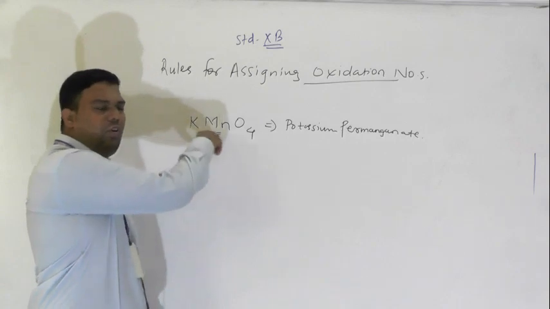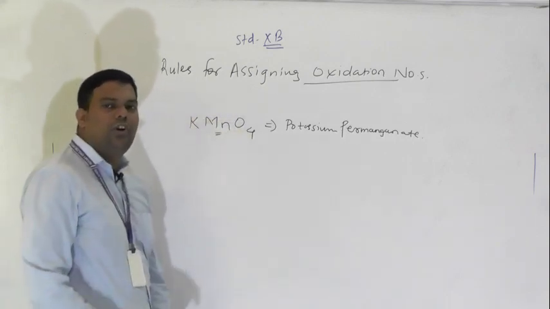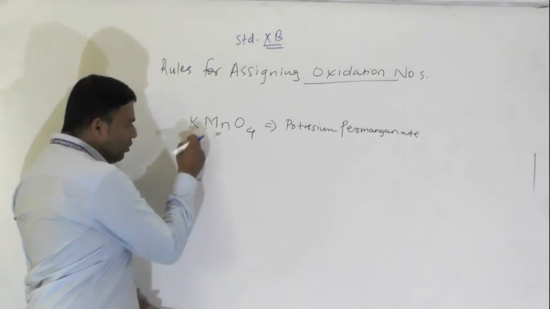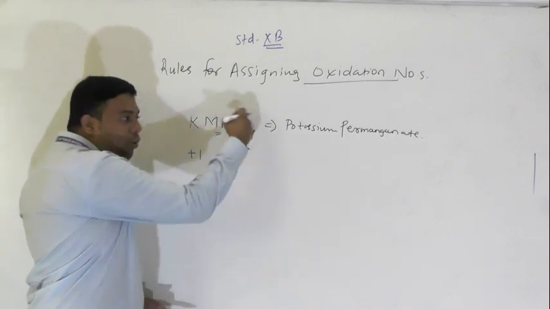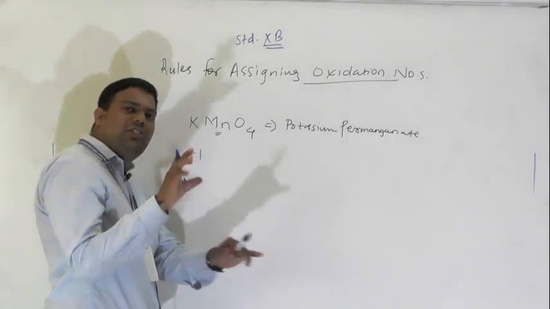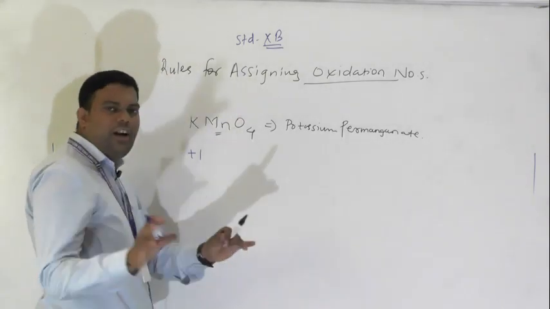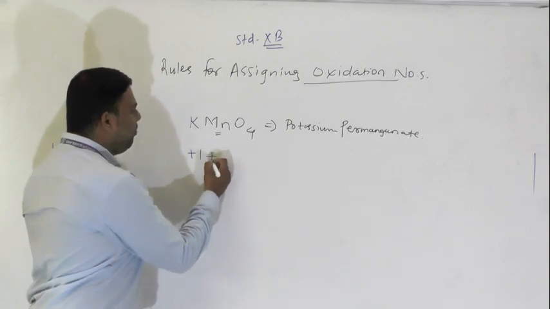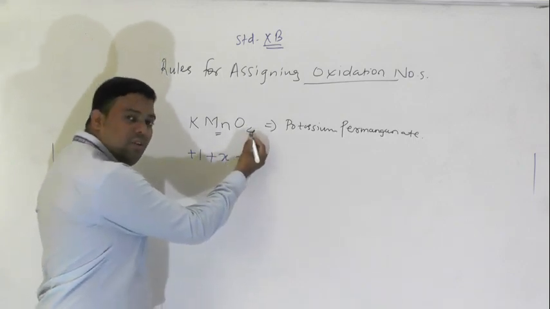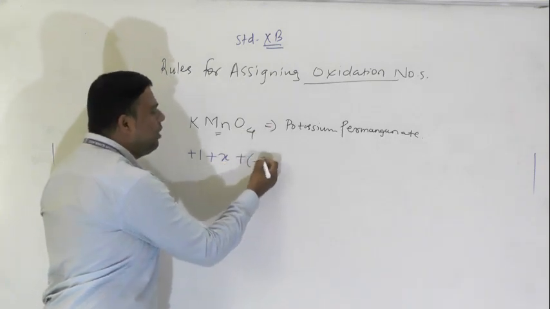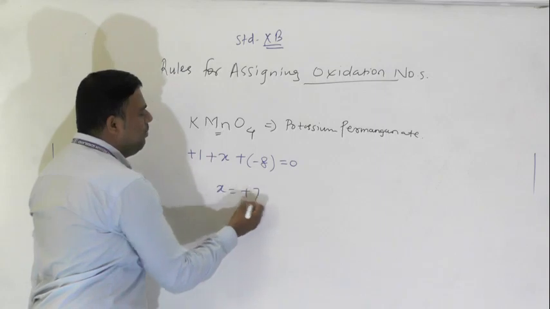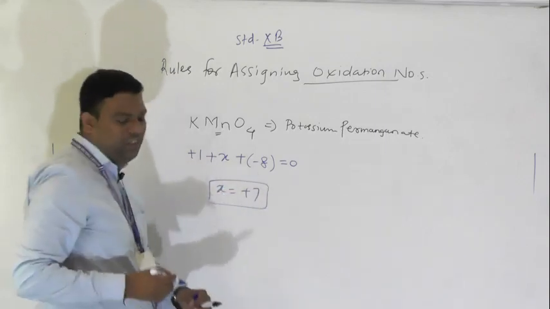Potassium we already know, and normal oxygen we know. So +1 for potassium. There is no charge on this compound, so instead of any charge you simply write 0. So +1 plus X plus 4 oxygens each -2, that is -8, equal to 0. So X is equal to +7. You will get the answer.